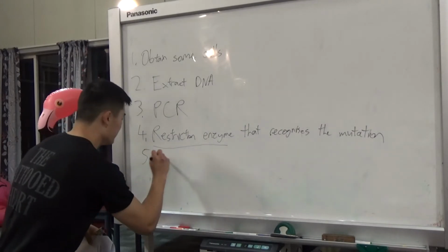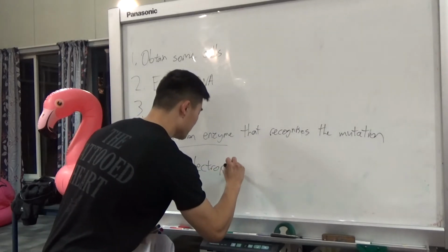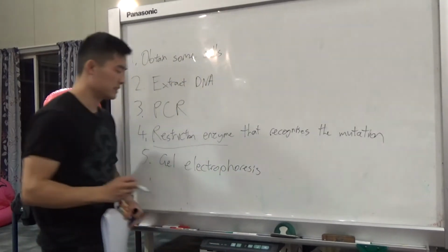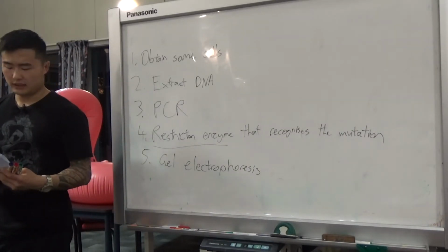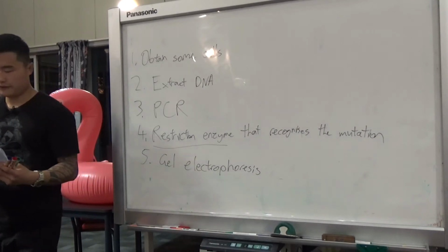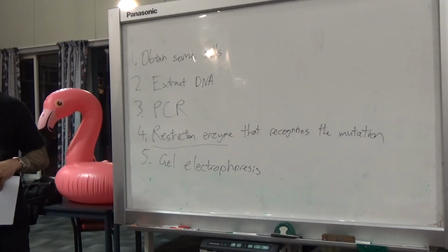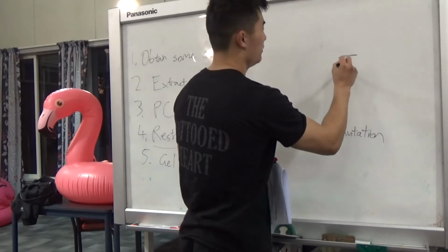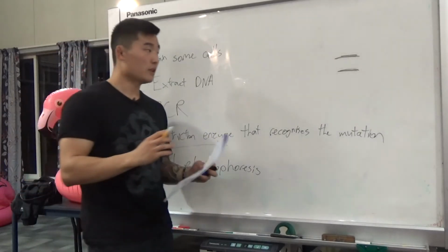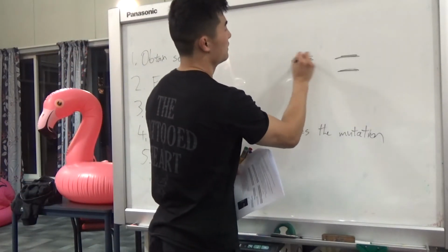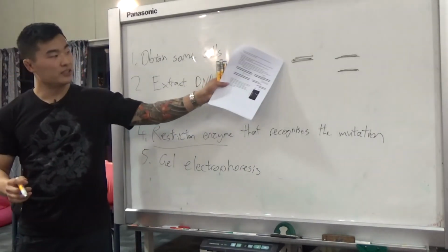Okay, so I'll spell that out, gel electrophoresis. And so if you have 2 smaller fragments, you'll get two distinct bands, whereas if you don't have the mutation, then you're just going to have 1 band of DNA.